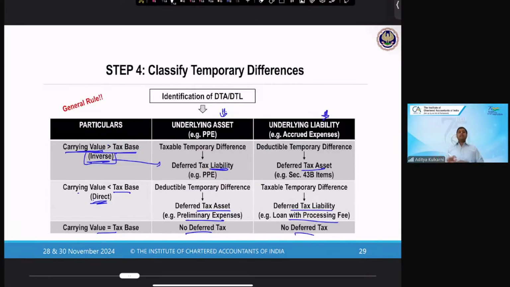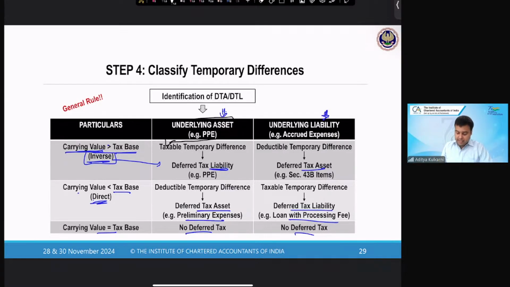All right. So finally, classification of an item as a deferred tax asset or a deferred tax liability. How do you calculate that? How do you determine that? You have to understand if the carrying value is greater than the tax base. For example, property, plant, and equipment: the carrying amount is greater than the tax base of the underlying asset.